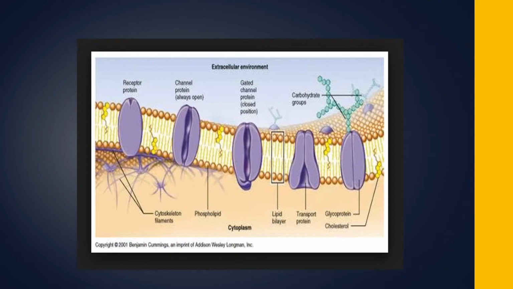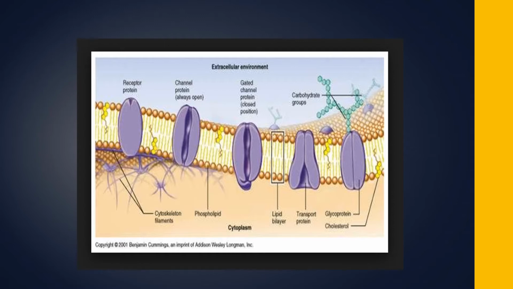Most of the molecules in the plasma membrane are lipids. As you can see in the illustration, lipids are large molecules that are composed of glycerol and three fatty acids. If a phosphate group replaces a fatty acid, a phospholipid forms.